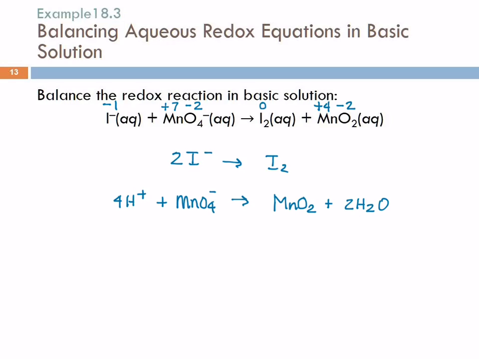But now, because this is basic solution, I can't have H pluses. So what I'm going to do is add 4 hydroxide ions to this side, because those will effectively neutralize the hydrogen ions. If I add 4 to that side, I'm going to add 4 to this side. So these guys combine together to make 4 water molecules.